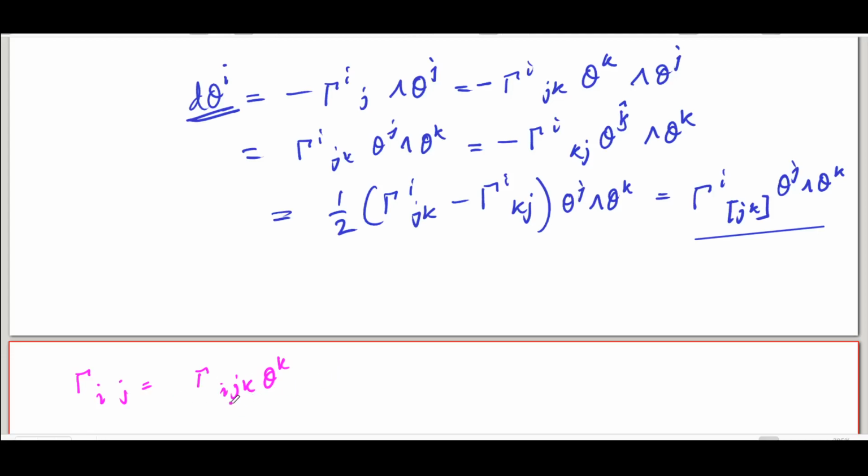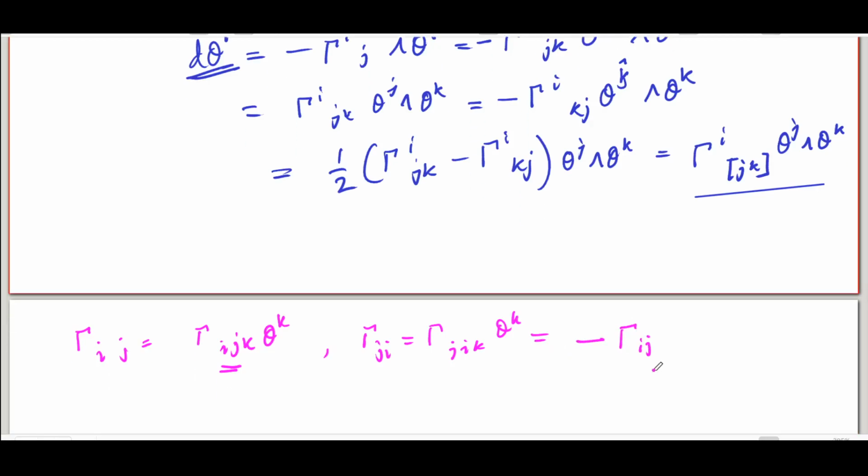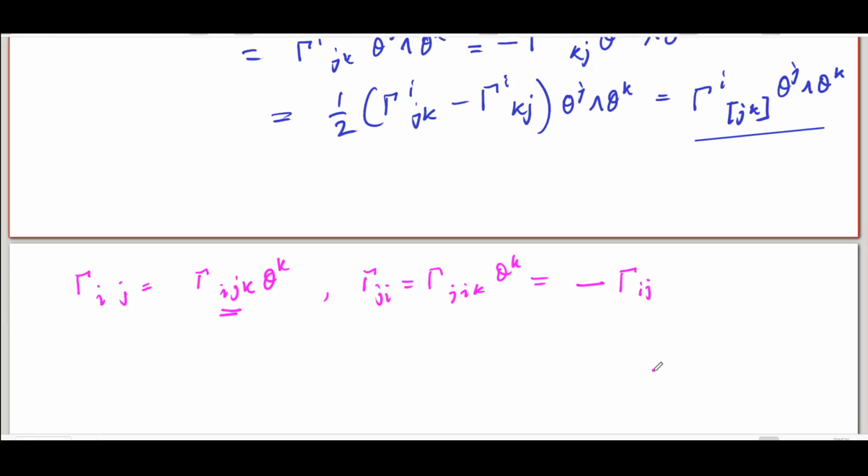But note that you have antisymmetry in i and j. So γ_ji, which by this definition should be γ_jik θ^k, is simply minus γ_ij. So we have this obvious antisymmetry. γ_ij is minus γ_ji.